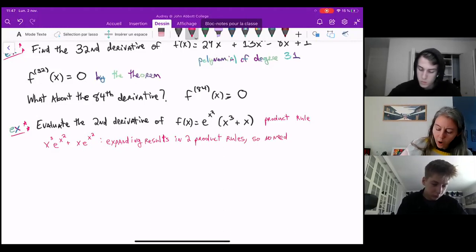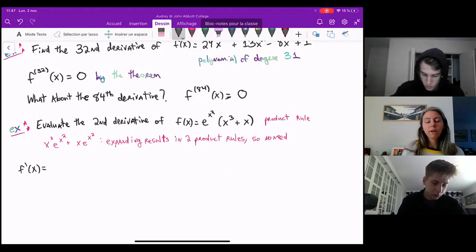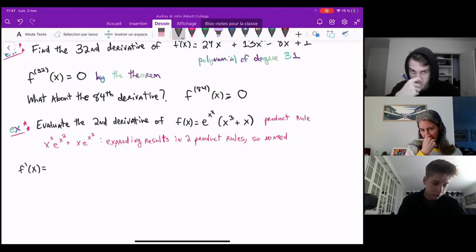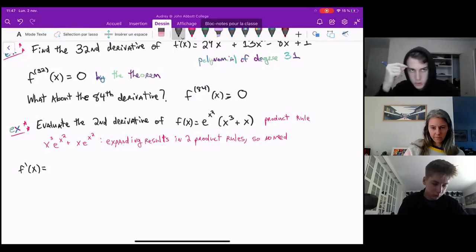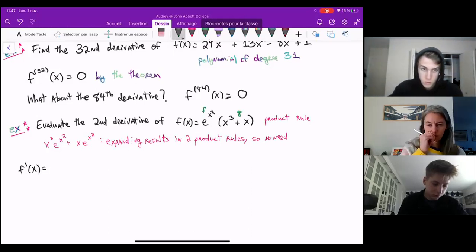So I'm going to do my product rule here. So f prime of x is, what's the derivative of e to the x squared? Oh no, sorry. This is my f. This is my g. What's the derivative of my f here? Actually, I'll just write it in parentheses.